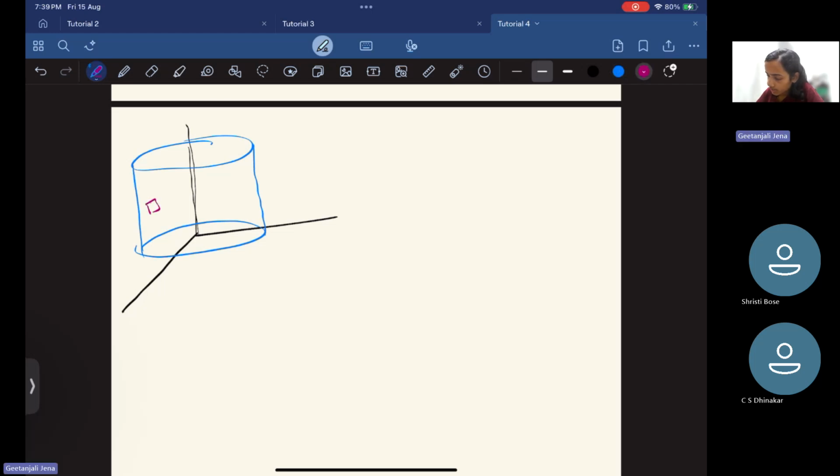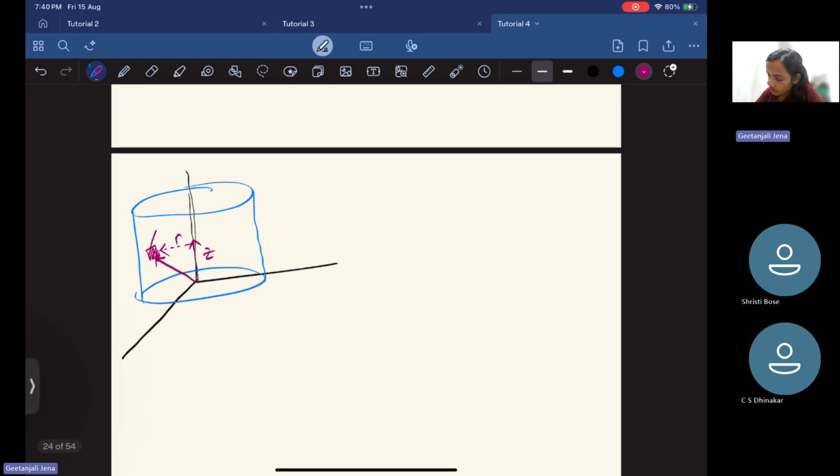Let us take an area element here, at a distance z, and this is r, and for this you need to find the field here. What will be this distance? This will be h minus z plus d, right?